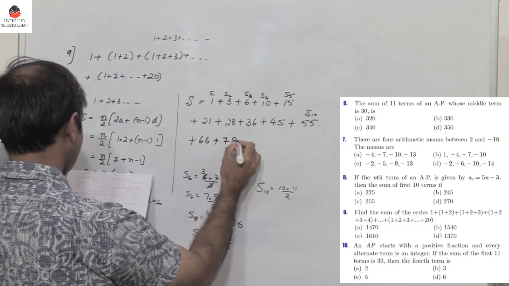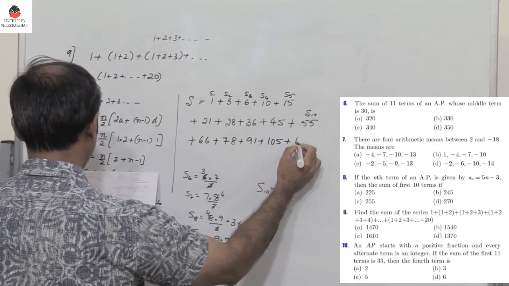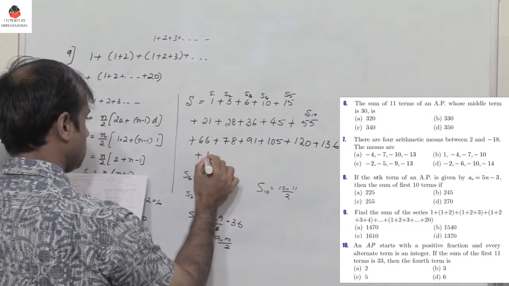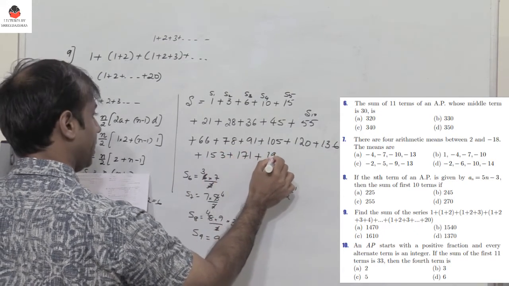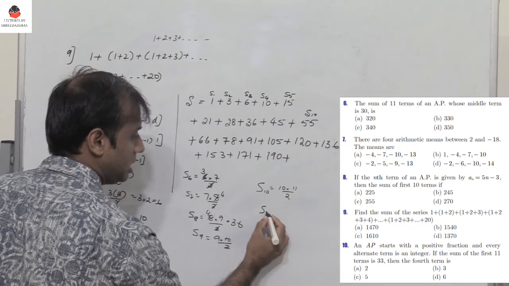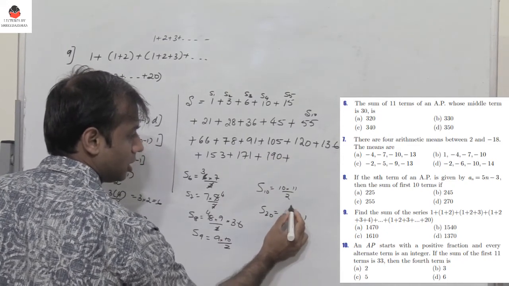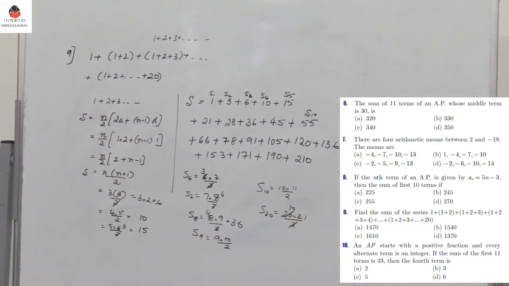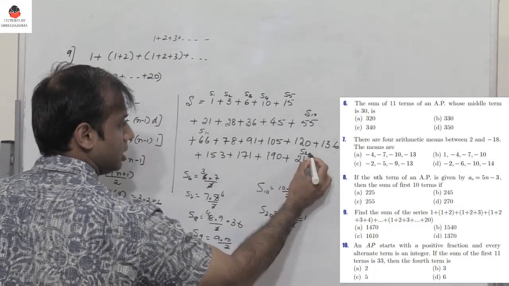Then you have 78, 91, 105, 120 plus 136 plus 153 plus 171 plus 190 plus what is S20? S20 is 20 into 21 by 2. So it is 10 into 21, which is 210.